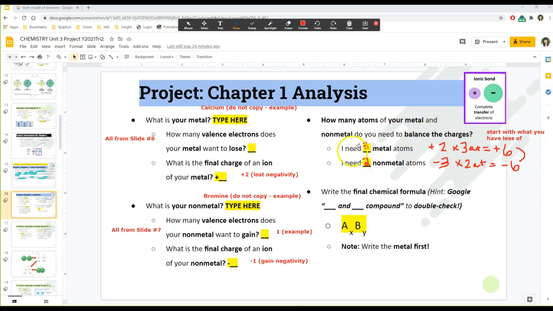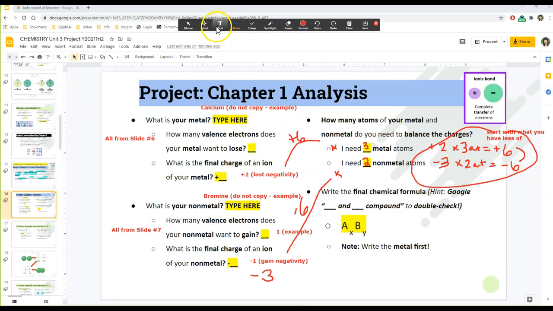Okay, basically just remember whatever you put in here, you should multiply it by the charge, right? So you would multiply it by this charge, this one you would multiply it by this charge, and those charges should end up being the same amount but opposite, right? So 3 times +2 would give me a +6 charge. 2 times, in this case, I said that this was -3, so 2 times -3 would then give me a -6 charge, in this example specifically.